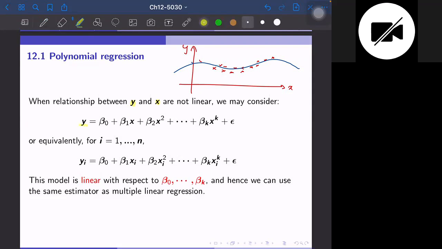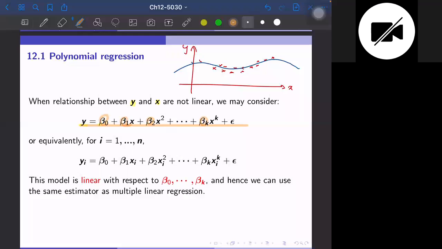Y is equal to beta naught plus beta 1 x plus beta 2 x squared plus up to beta sub k x to the kth power plus epsilon. Still, the estimation is just as easy as multiple linear regression, because as long as this function is linear in terms of beta naught to beta k, it should be totally fine to estimate these parameters.